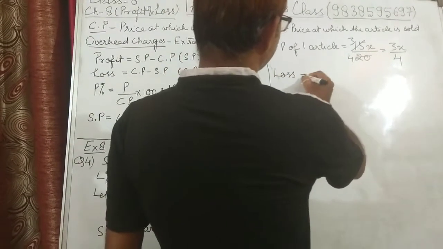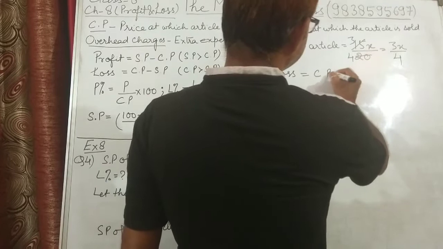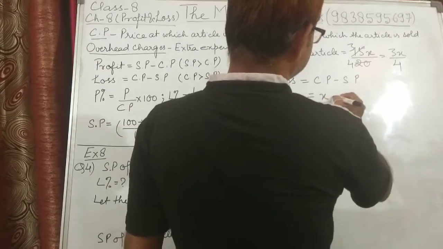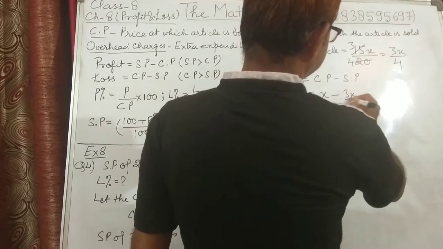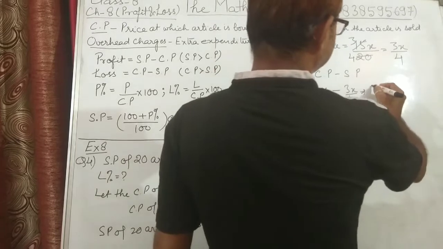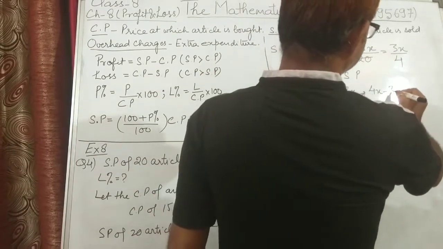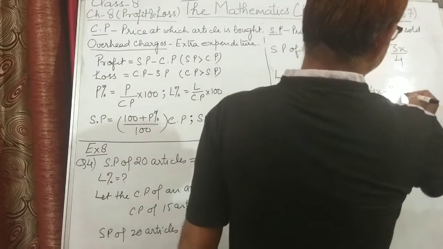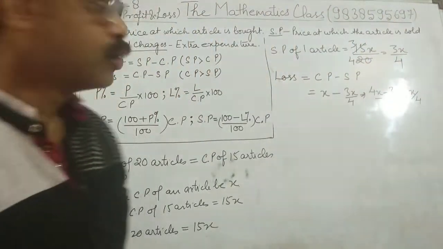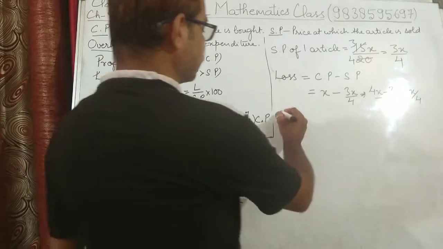How much loss? Loss means cost price minus selling price. Cost price we assumed was x, selling price we got is 3x upon 4. When you solve, you take 4 as LCM. This will be 4x minus 3x upon 4, or finally it is x upon 4. This is the loss. So we have to calculate loss percent.